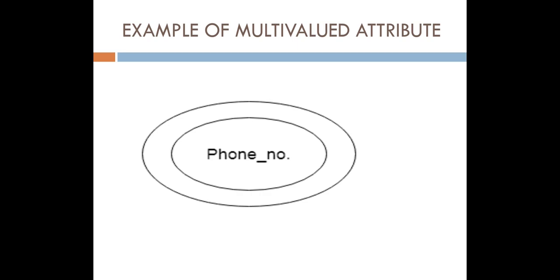So we represent it as a double oval shape. We can take email ID as a multi-valued attribute too, because one student can have multiple email IDs. So we have to remember that whenever we want to represent a multi-valued attribute, we have to use the double oval shape.